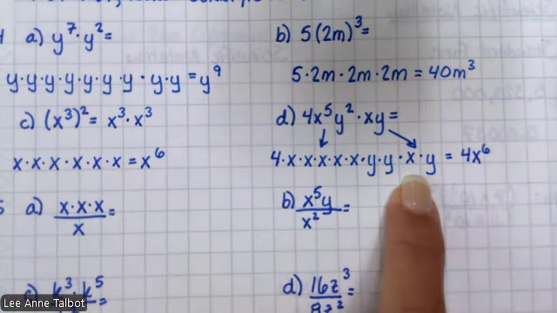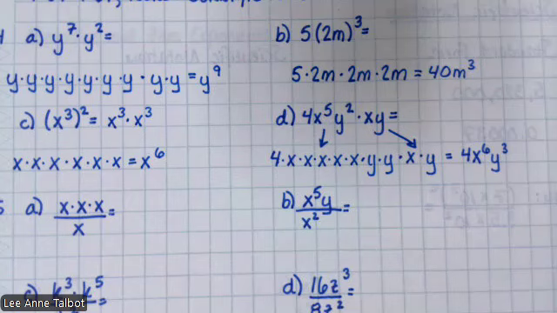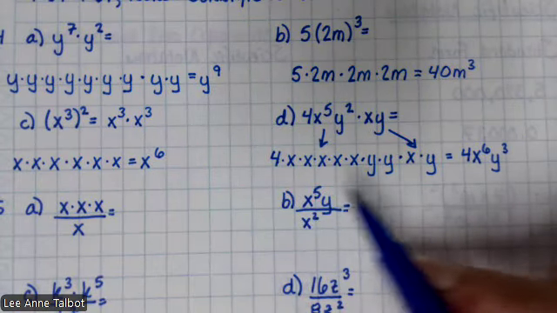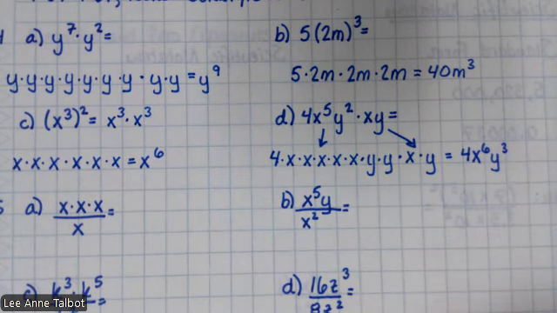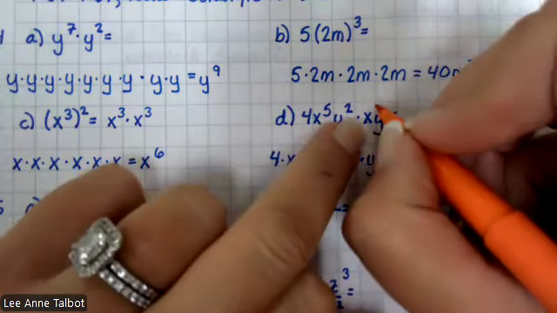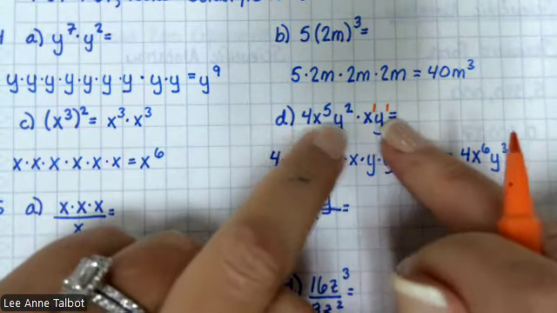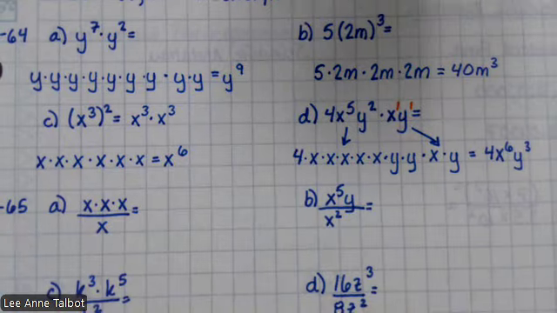And how many y's do I have? 3. And how could I get 4x to the 6th y to the 3rd without doing this whole giant dealio here? Yeah, okay. So you can put a 1 right there, and you can put a 1 right there, and then add the exponents together. Do you guys know what I mean by putting the 1? Okay.